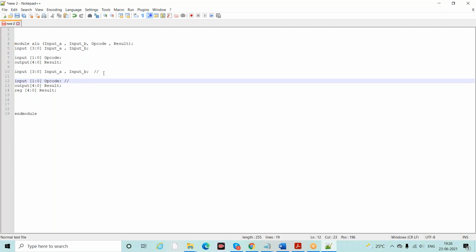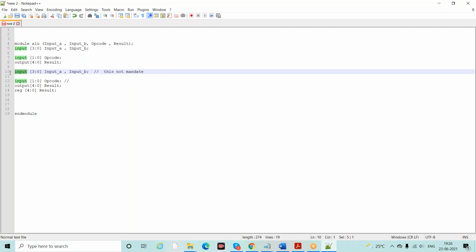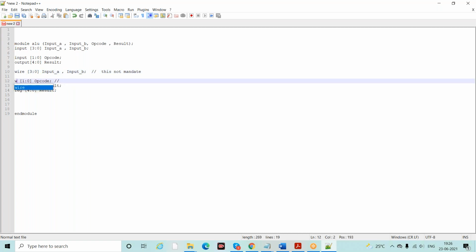I will write it in a comment. So please, you can also practice likewise. This is not mandatory. While writing, always declare inputs as wire type only, and the output variable depends on which style you are going to write.